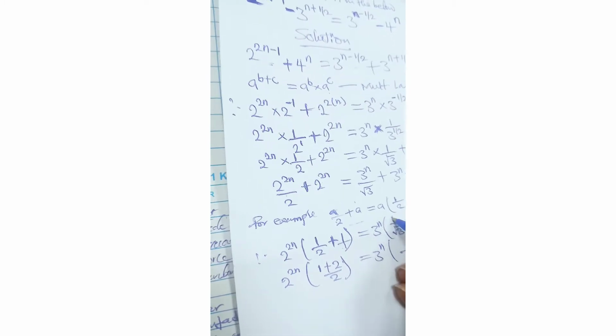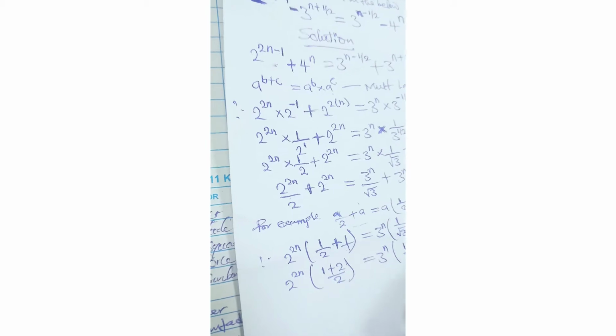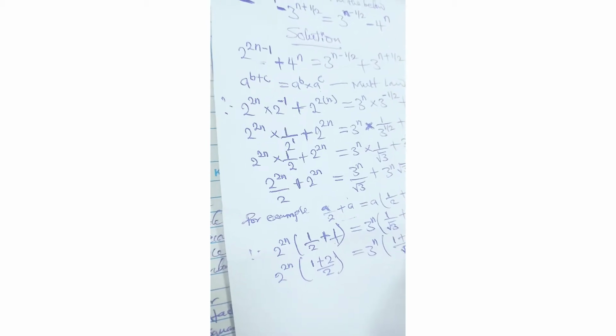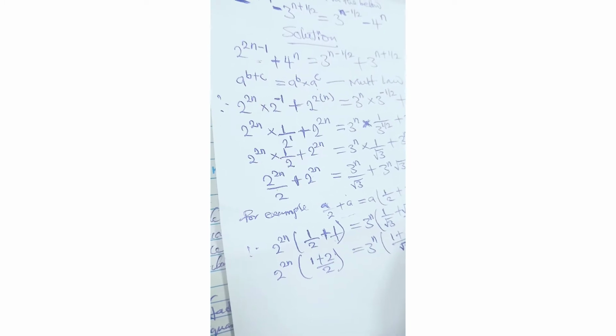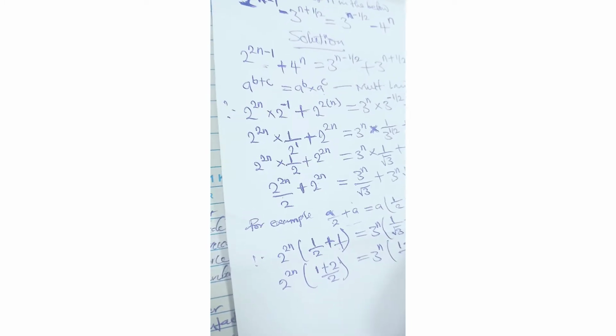Find the LCM. The LCM, you have your root 3. Then root 3 divided by root 3, 1 times 1, you have 1. Then this plus sign. Root 3 divided by 1, you have root 3.